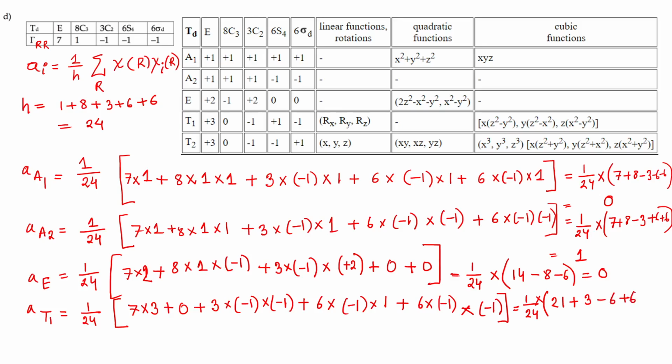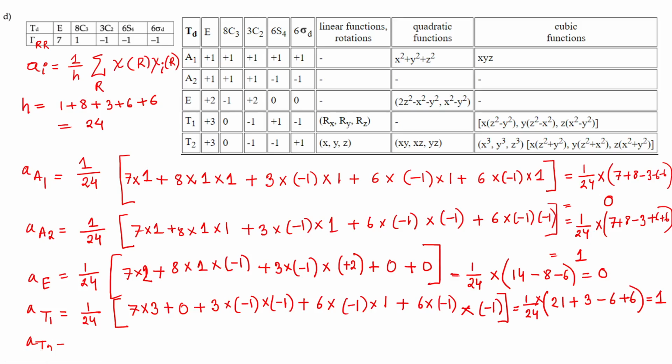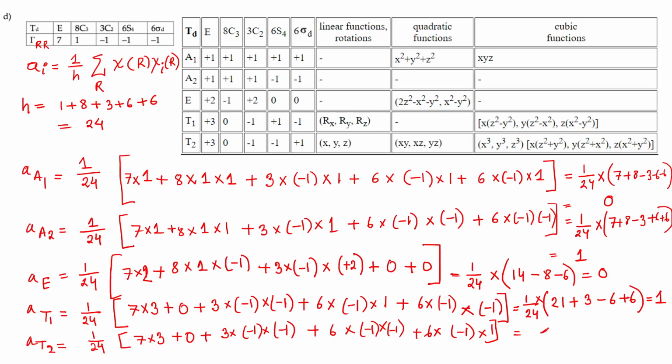So it will be 24, so once. What about T2? Same, 7 into 3 plus 0 plus 3 into minus 1 into minus 1, almost the same. Here the change is there: 6 into minus 1 into minus 1 plus 6 into minus 1 into plus 1. Same, it will give you 1.